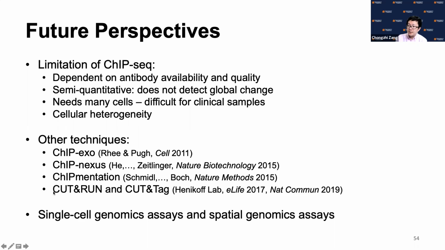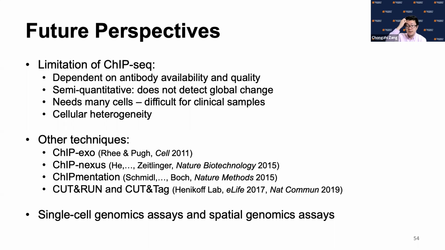CUT&RUN and CUT&Tag, these technologies are used especially for smaller cell samples. So if the sample has much fewer cells than the usual ChIP-seq can deal with, these technologies can generate epigenome profiles from relatively fewer cells. I'll just put the names here, but I won't mention any details.